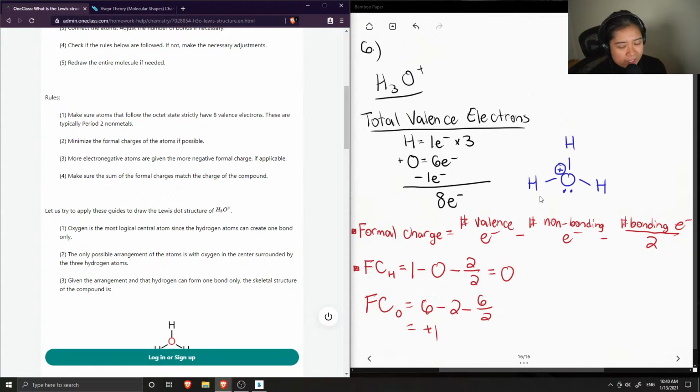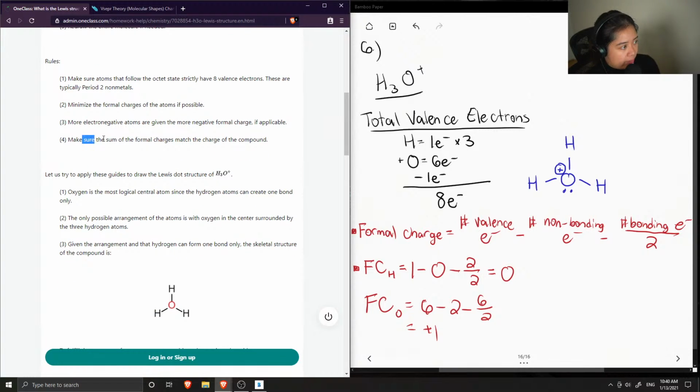This is why the oxygen would still carry the positive charge, because it's bonded to 3 hydrogens. And then rule number 4, make sure the sum of the formal charges matches the charge of the compound. So again, we just have the one positive charge, so we're all good.